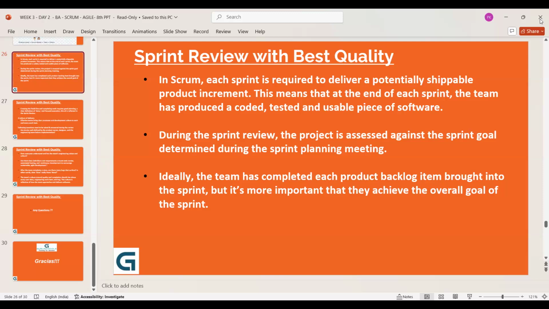It is most important that, even in the scenario when that is not entirely delivered, we should focus on achieving the sprint goal. So what are we saying?